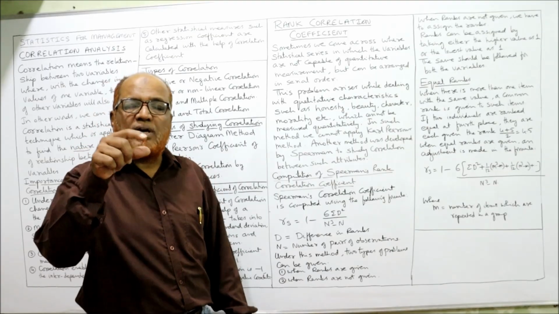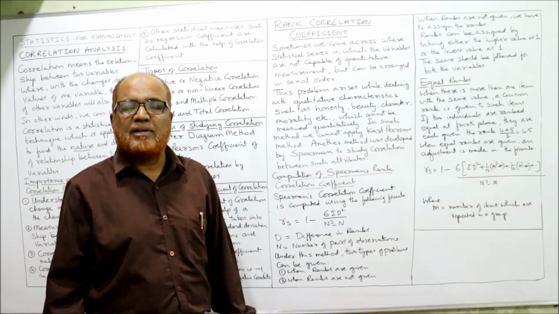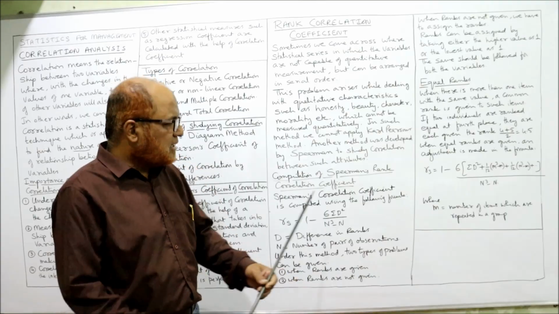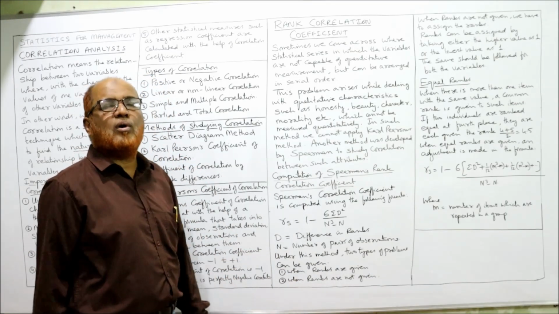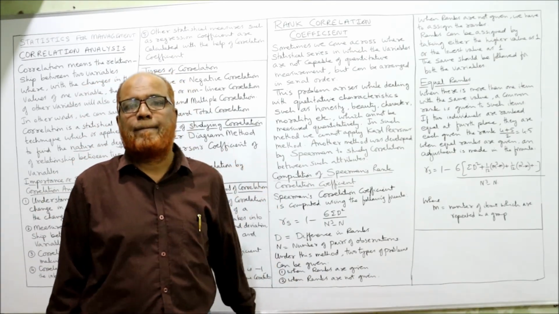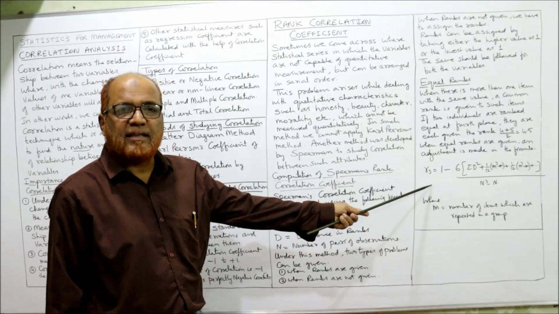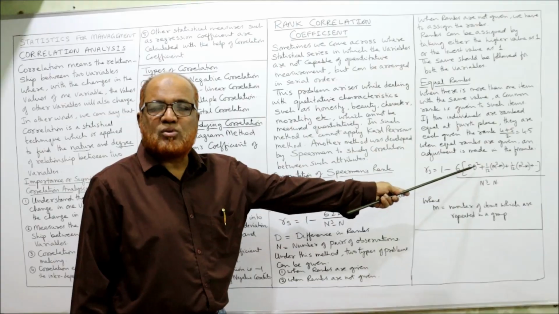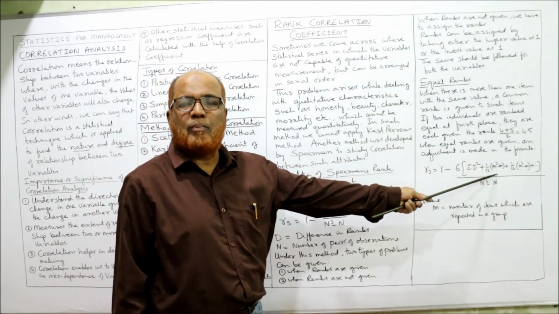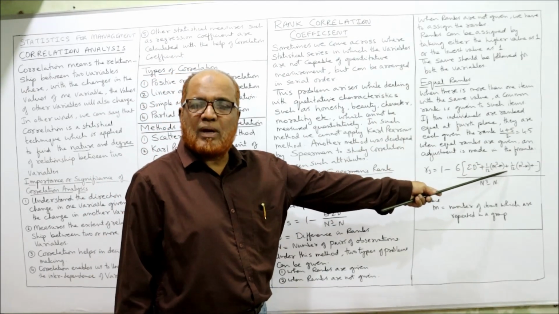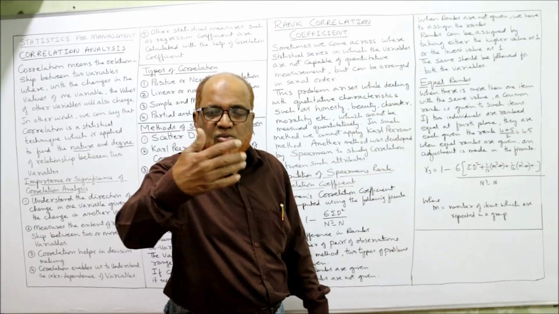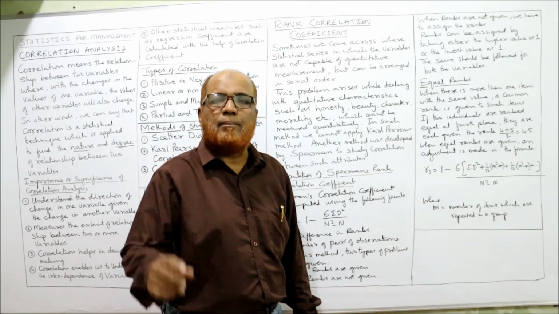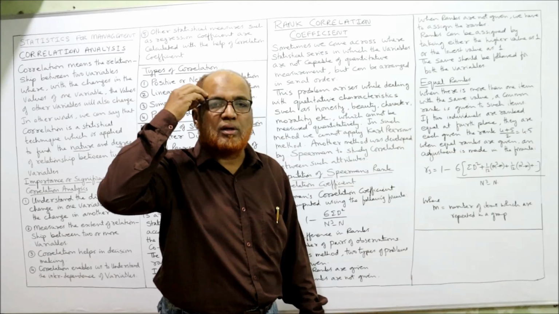If the ranks are repeated, this formula of rank correlation coefficient will be modified and written like this: Rs is equal to 1 minus 6 into summation d square plus 1 by 12 (m cube minus m) plus 1 by 12 (m cube minus m) plus 1 by 12 (m cube minus m), like that it goes on.